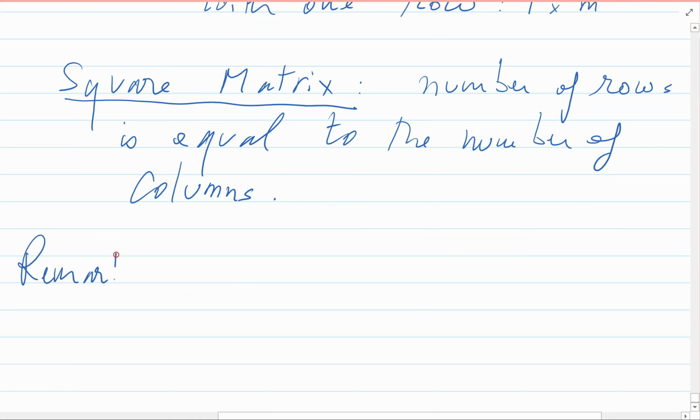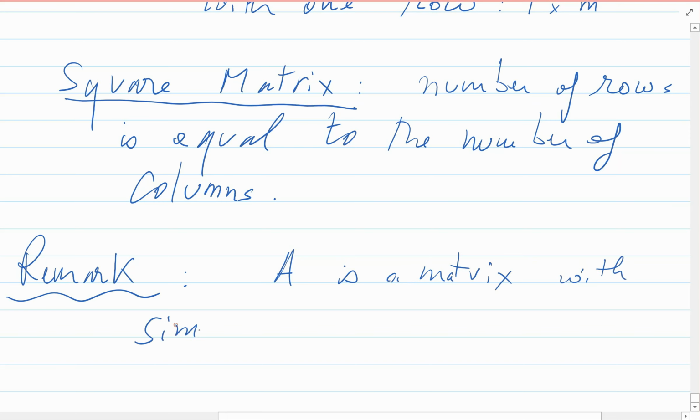about something very important. So let's say A is a matrix with size n by m.